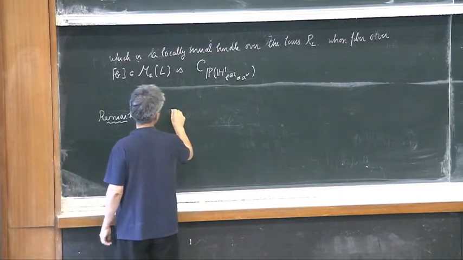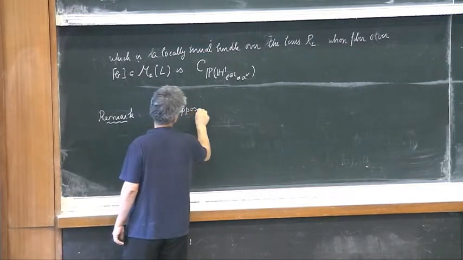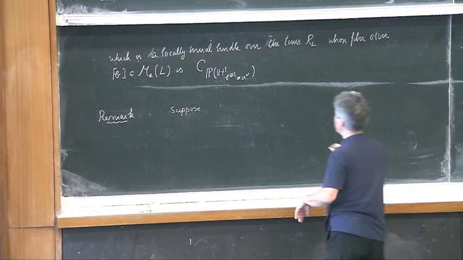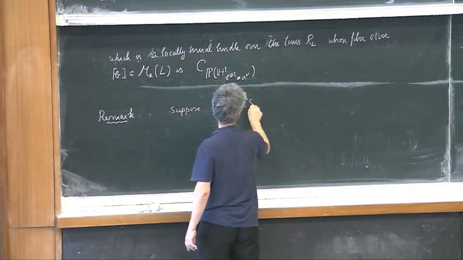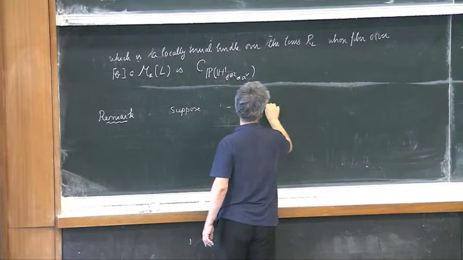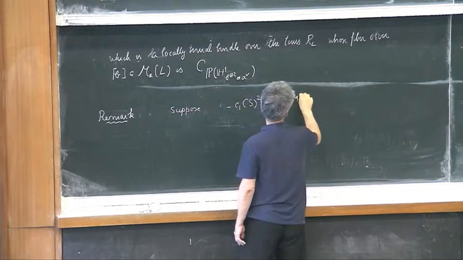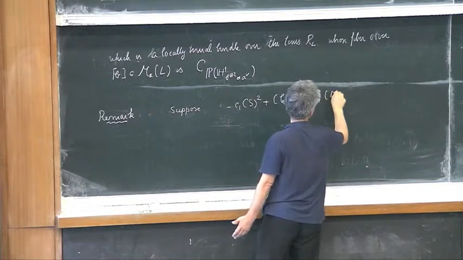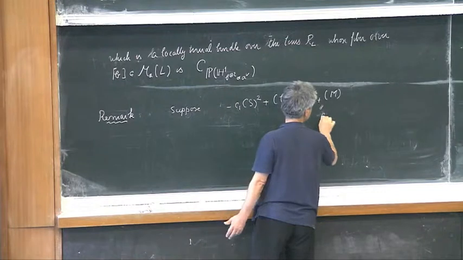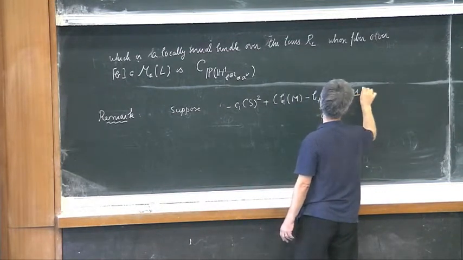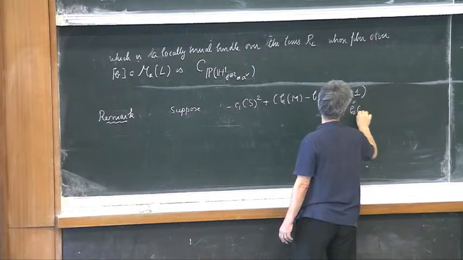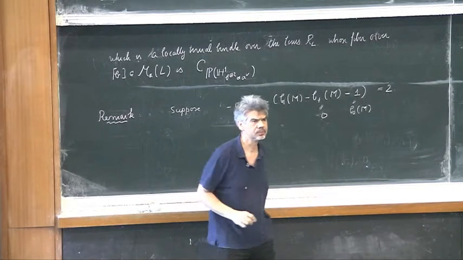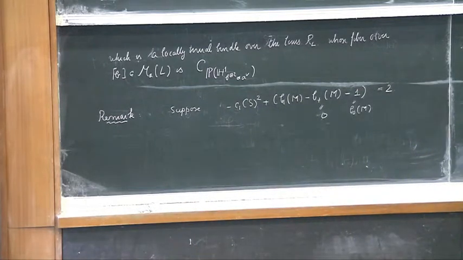Suppose that this index, which is precisely minus C1 S squared plus B1 of M minus B plus of M minus 1, where B plus of M under our assumption is 0, and the minus 1 is B0, of course. Suppose that this is 2.